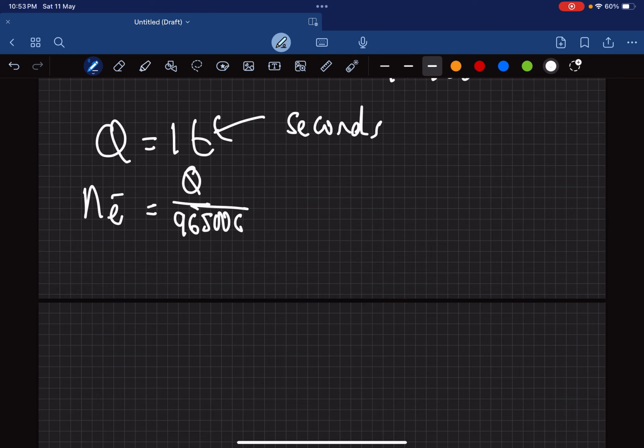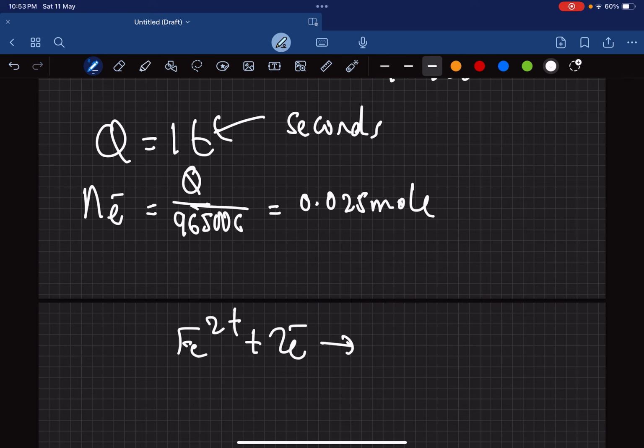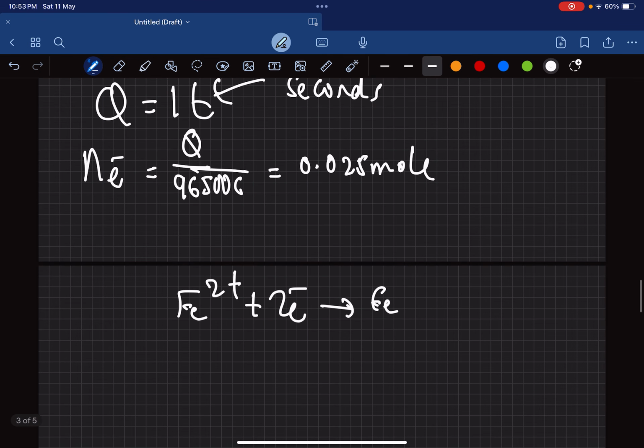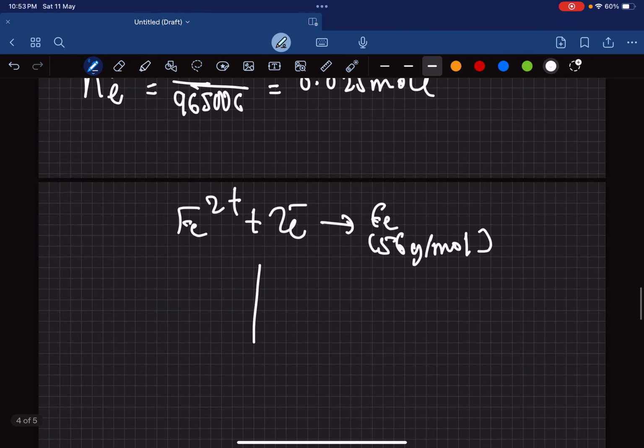Let's say the number of moles of electrons is 0.025 moles. For this reaction, Fe2+ plus 2 electrons gives Fe, and Fe is 56 grams per mole. So I'll do a simple one: electrons and mass.